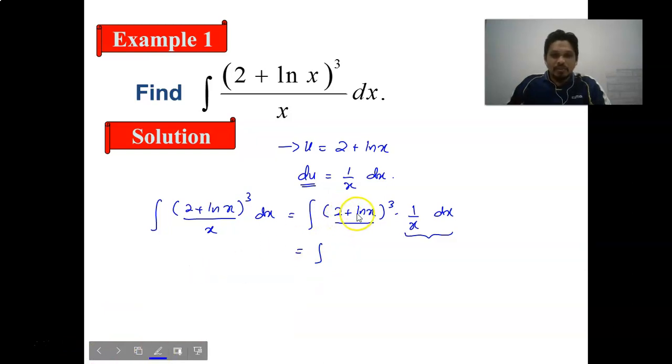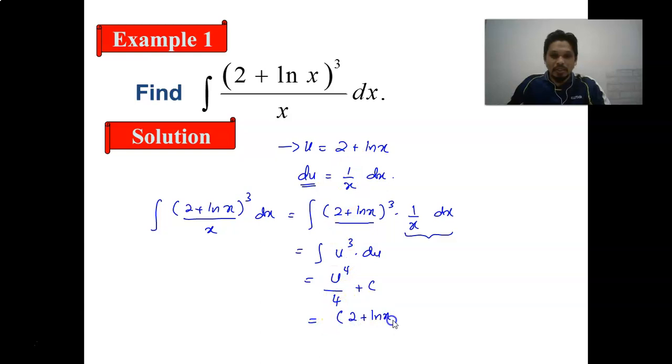So everything in the bracket, 2 plus ln x, is u, so we have u to the power of 3, and 1 over x dx is du. Then we come out with u to the power of 4 divided by 4 plus c. And don't forget to change u back in terms of ln x, so it is (2 plus ln x) to the power of 4 divided by 4, or multiplied by 1 over 4, plus c.